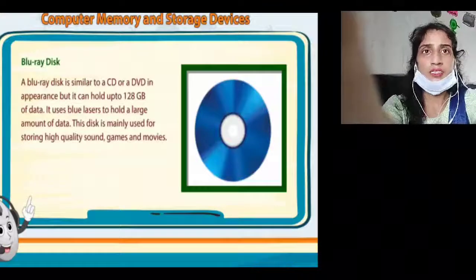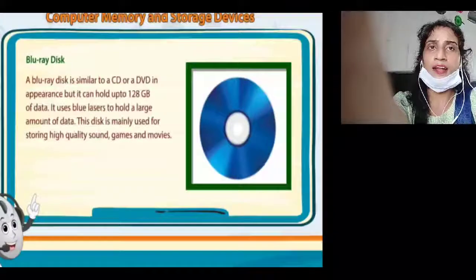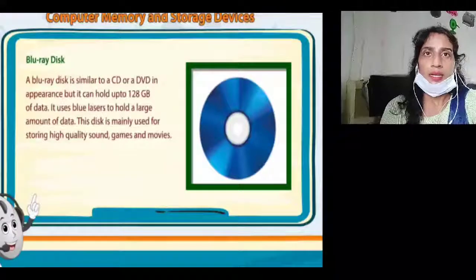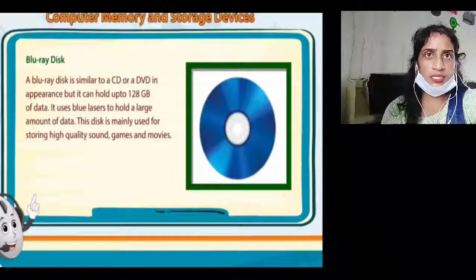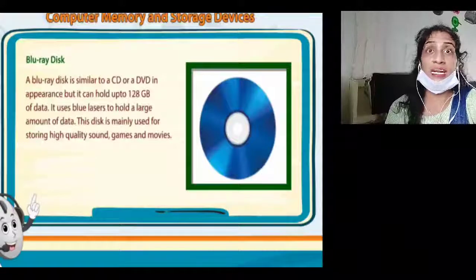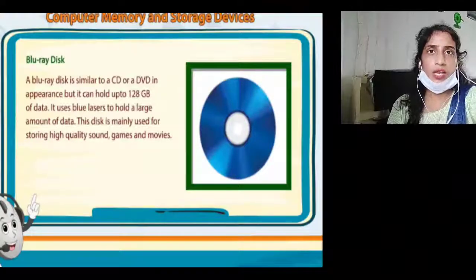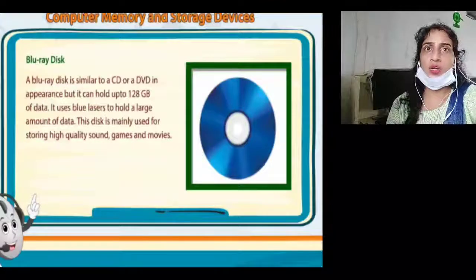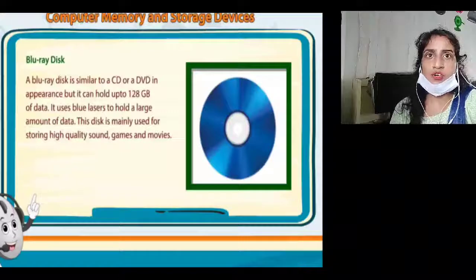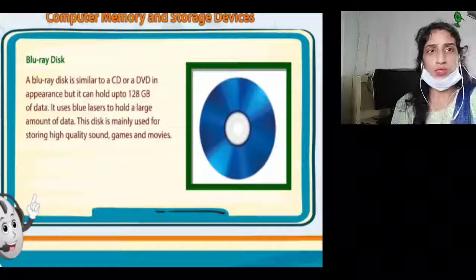This disc is mainly used for storing high quality sound, games and movies.